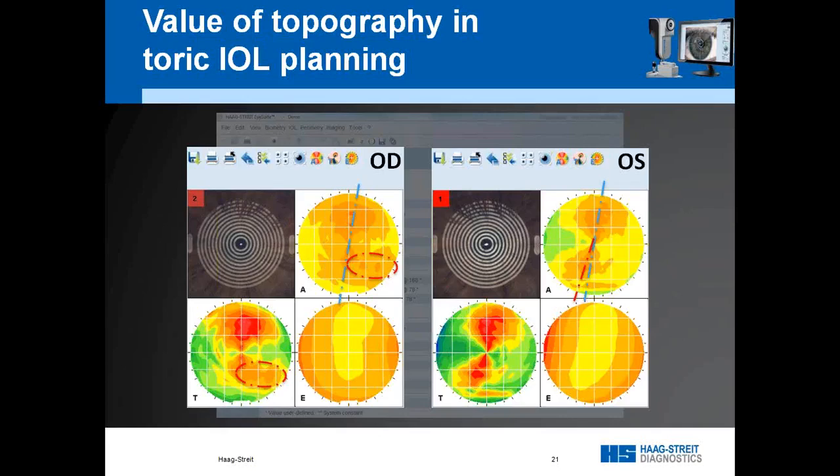So looking at the topography reveals more qualitative information on how the eye looks. Looking at the keratometry only provides quantitative information, and combined they allow you to judge how well this patient is suited for a toric, and you can then provide him with the best possible information.